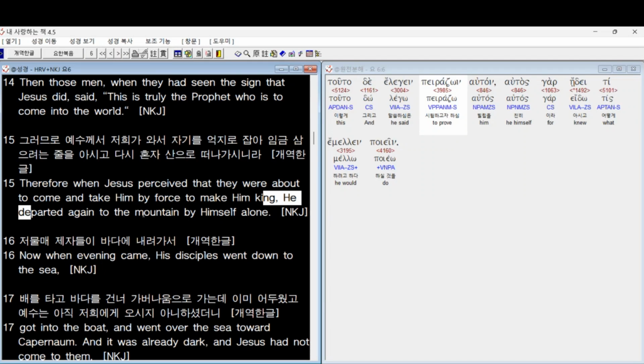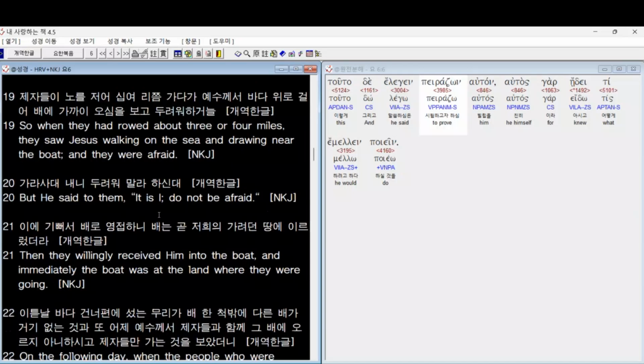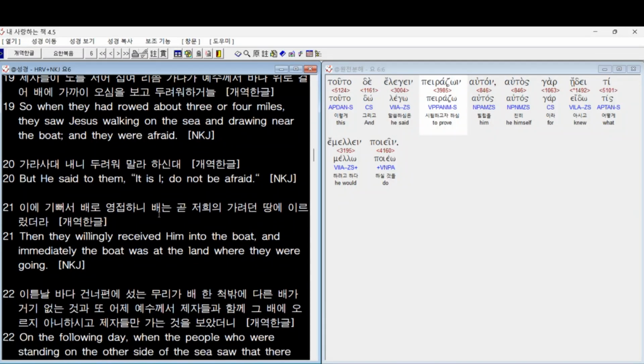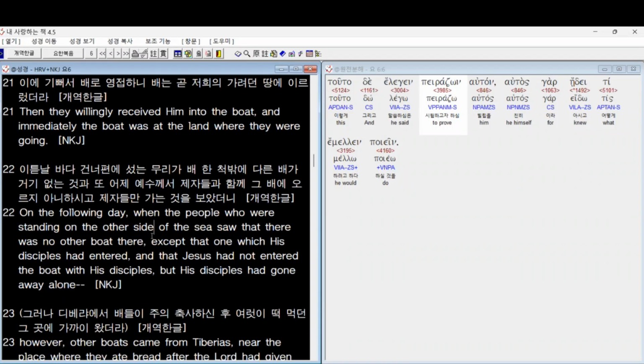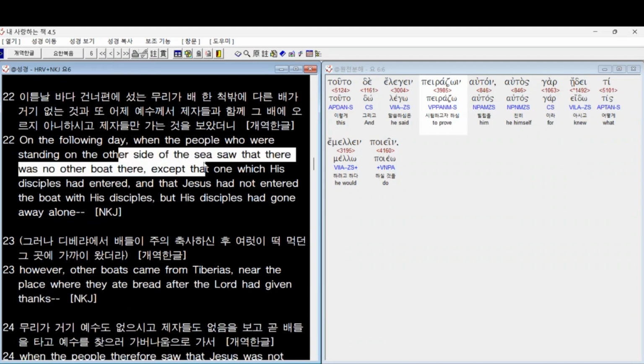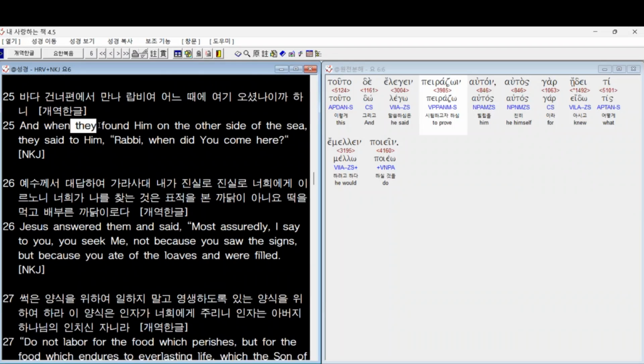That is why Jesus hid himself, and then they were looking for Jesus on the other side of the sea. On the following day, when they found him on the other side of the sea, they said to Jesus, Rabbi, when did you come here?